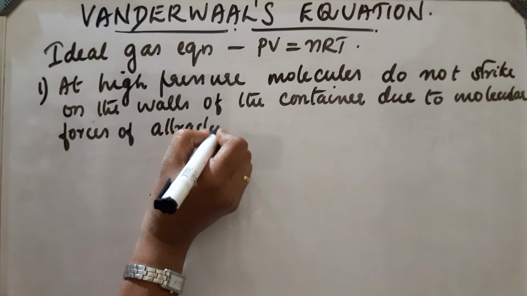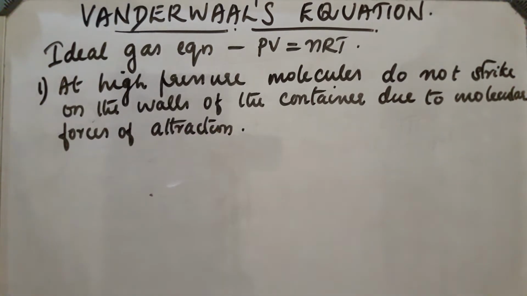That is, as the pressure is increased, the molecules get crowded. So, there will be attraction between the molecules and they do not strike on the walls of the container. So, the pressure of the real gases will be less than the pressure of the ideal gas.